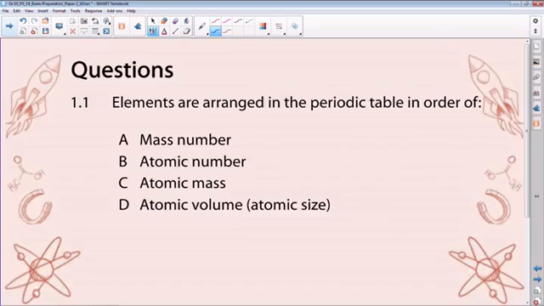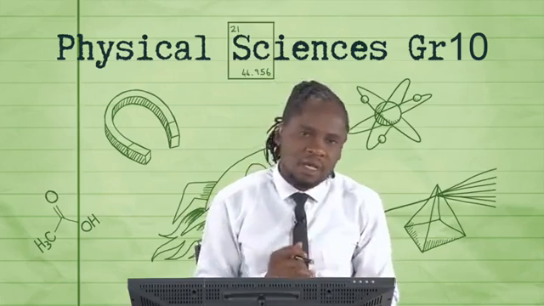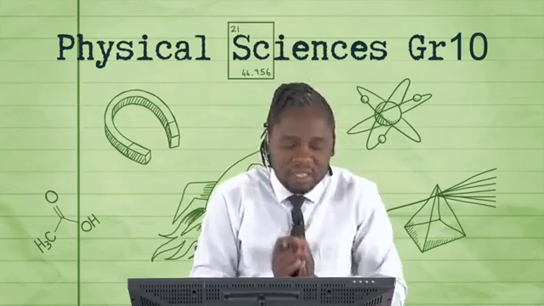Now, let's start with the multiple choice without any waste of time. Four possible answers are provided. It is very important for us to read the question and understand. It says elements. We need to understand what an element is. So it's also important to underline the keywords in a question, so that it helps us recall some of the key concepts related to it.